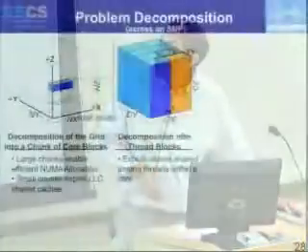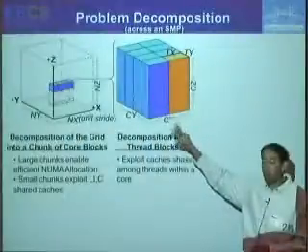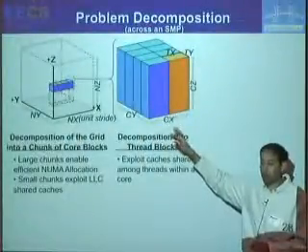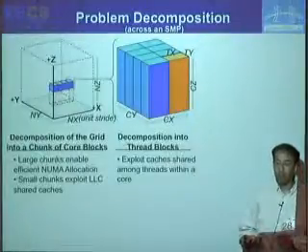Each of these core blocks can get further broken down into thread blocks. And this is the case where you have more than a single hardware thread per core. So for the Niagara 2, for instance, you have 8 hardware threads per core, and you want to effectively utilize the small caches for the cores. So you can group the threads together to make sure that they do that.